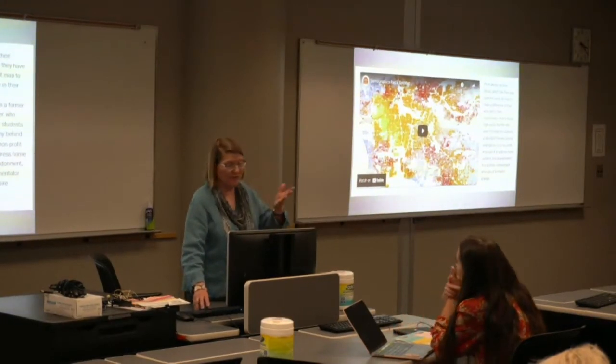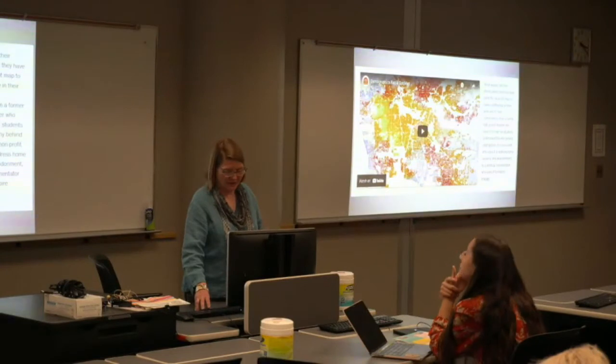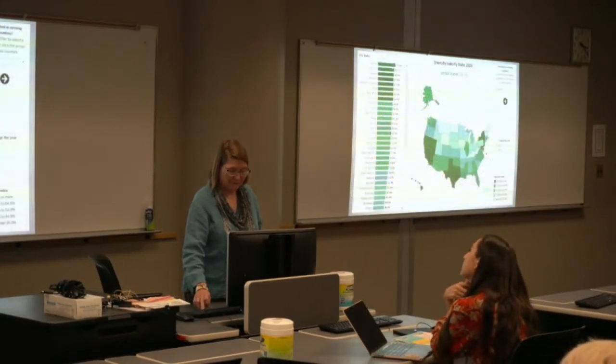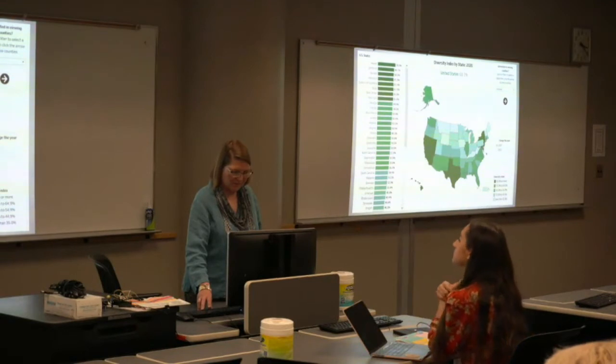This demographics racial dot map is a really amazing tool that you can see, and of course you can use it at different scales as well. And here's the diversity index by state. So Oklahoma is kind of in the middle in terms of diversity.